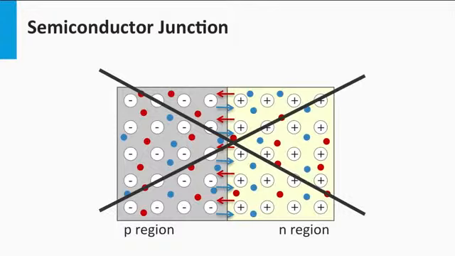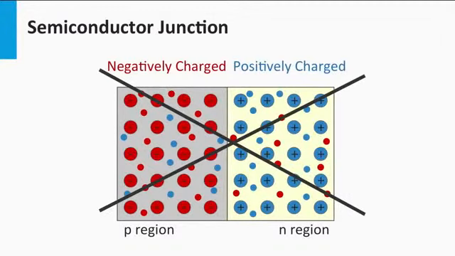Let's consider the homogeneously distributed charge carriers as shown here. Are the p region and the n region neutrally charged? The answer is no. The p region is negatively charged. Although there are just as many holes as electrons, there are still many fixed negatively charged acceptor atoms in the background.